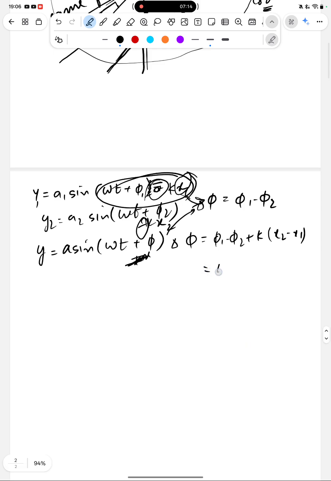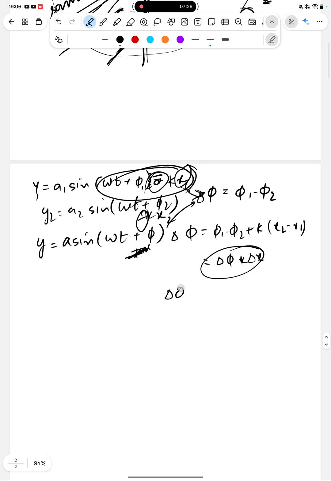So at the end, this just means that this is the phase difference. So the phase difference can be simply written as, when the path difference is given, 2 pi by lambda times delta x.